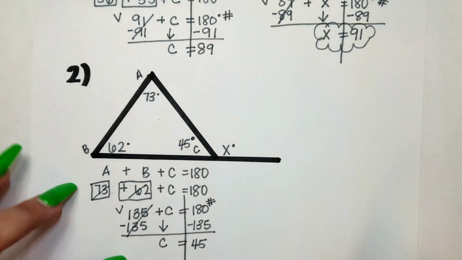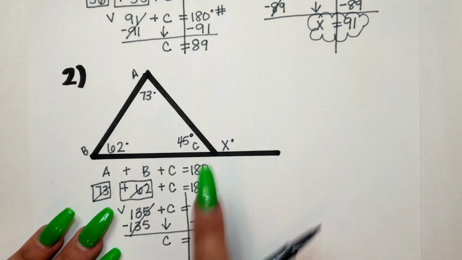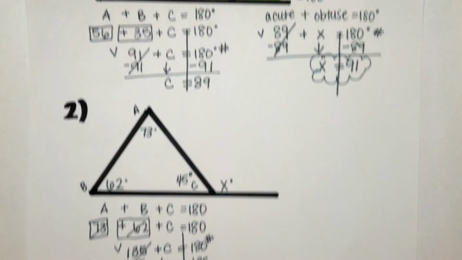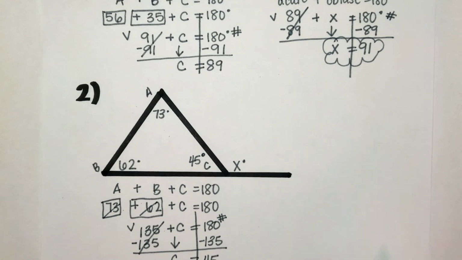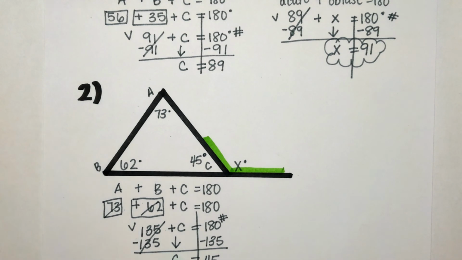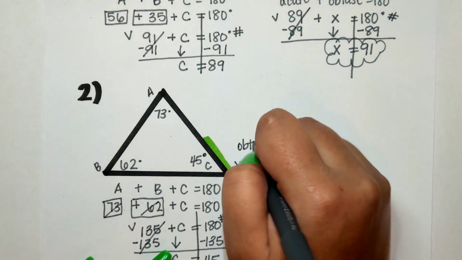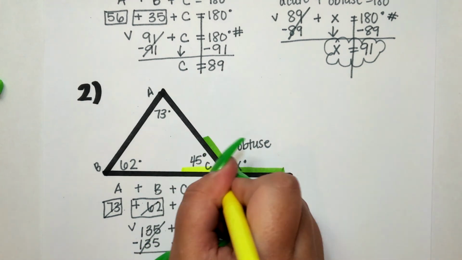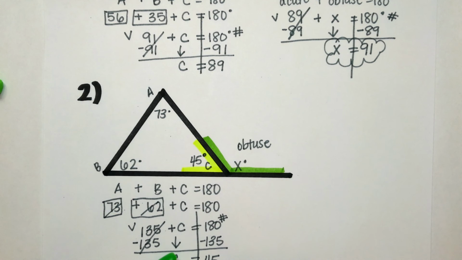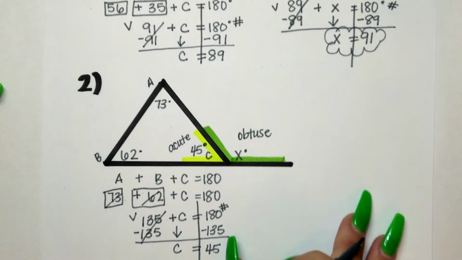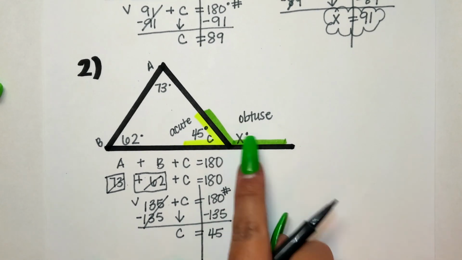But I'm not done because I want X, which is the outside angle, which has to be bigger than 90 degrees because it is obtuse. So this angle here is the answer that I'm looking for, and that one is obtuse, which means it has to be bigger than 90 degrees. So what I found was my inside acute angle.